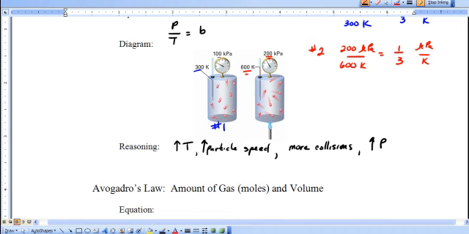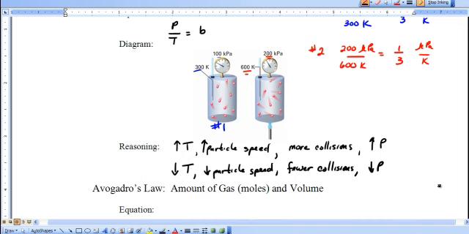Now, of course, if the container can expand, that greater pressure will push out and in fact expand the volume. But in this case, we're not allowing it to do that, so the pressure simply increases. On the flip side of that, if you decrease the absolute temperature, the particle speed is going to decrease. You'll have fewer collisions, and therefore lower pressure by definition.